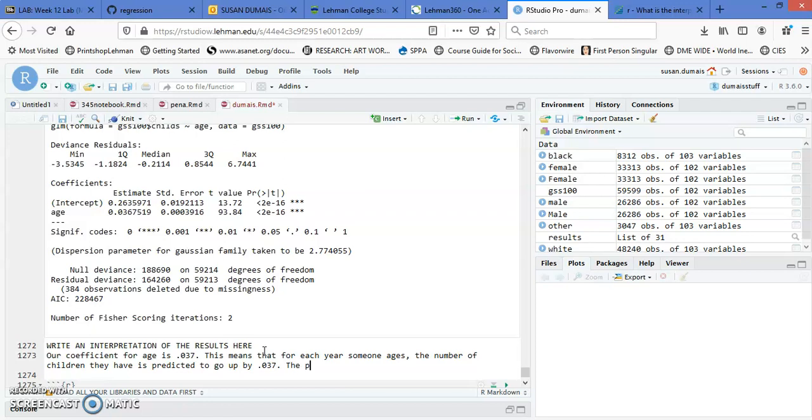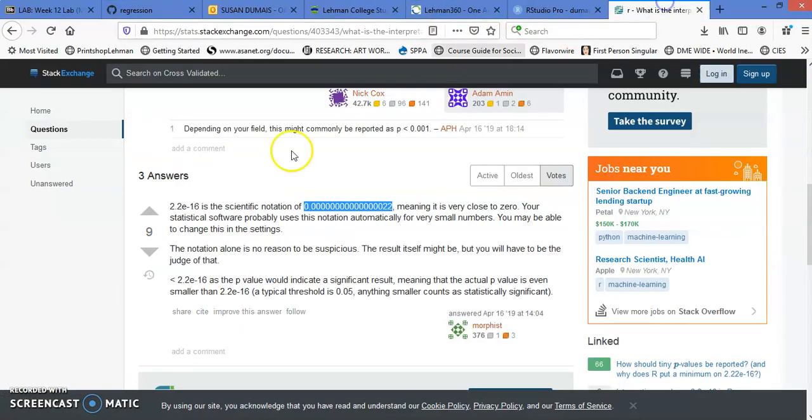The p-value for our coefficient is 2e-16, which corresponds to less than, let me just copy that.